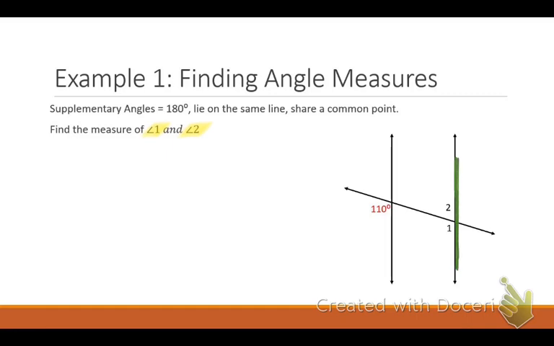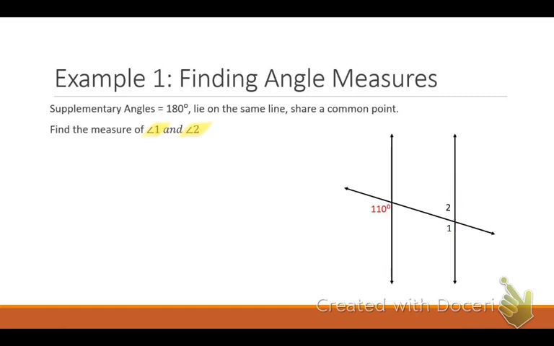They both sit on this common line, and a line measures how many degrees? 180. It shares this common point, so these 2 angles are supplementary. It's very important for you to be able to recognize which angles are supplementary. They share a common side, they sit on the same line, and they share a common point.